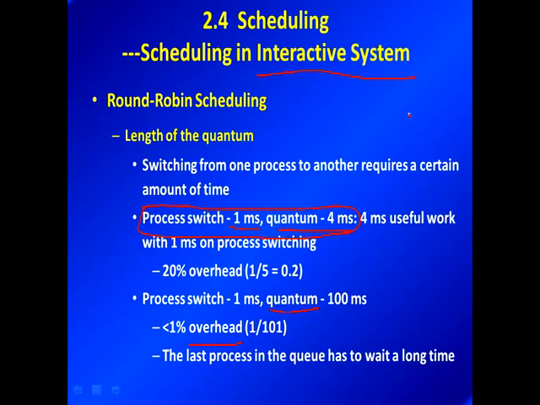So if we set the quantum as a much bigger number, the users who just sent their request into the system maybe need to wait over 1 second or 2 seconds or even longer to get a response to their requests, right?